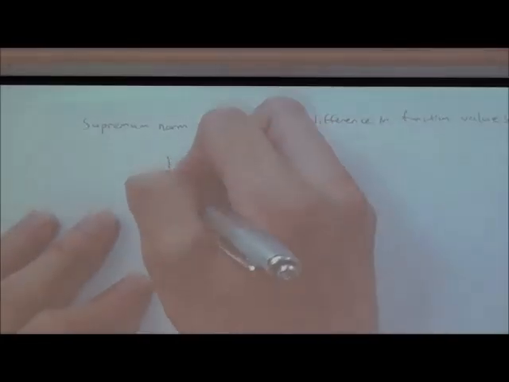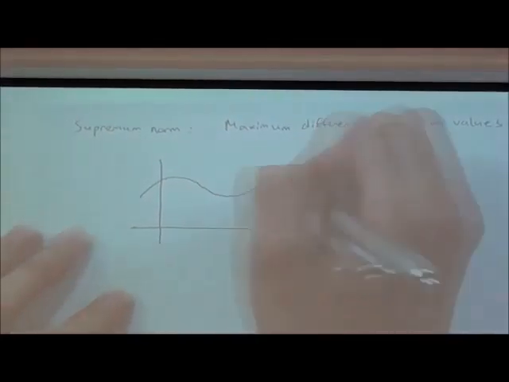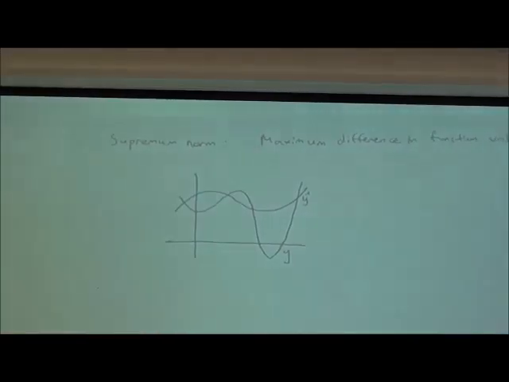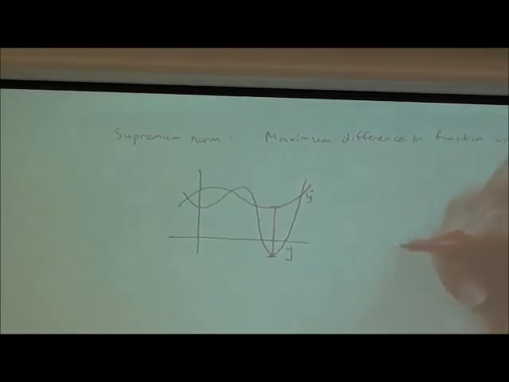So for example, if you have a function y hat here, and you have, say, y here, then the maximum difference in function values might be given by this distance here, and this would be the distance between the functions.